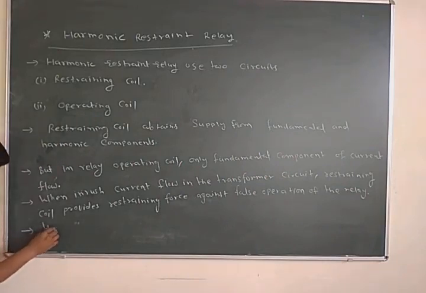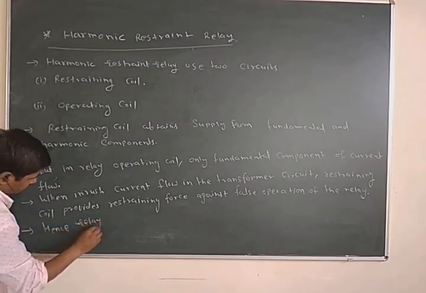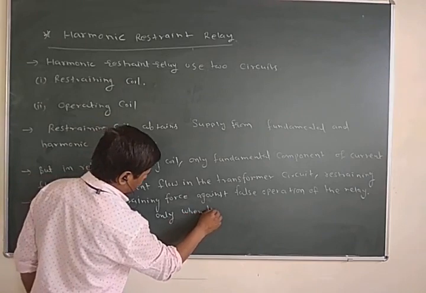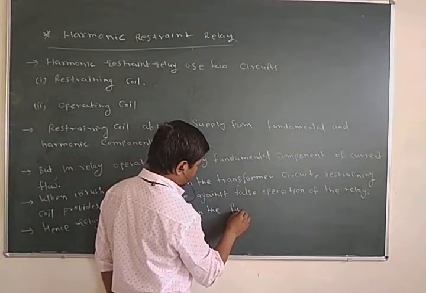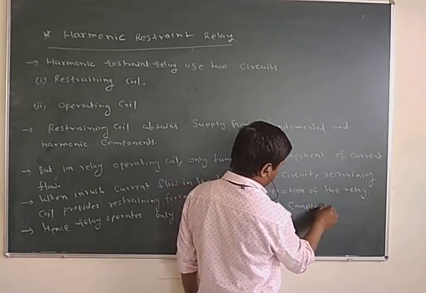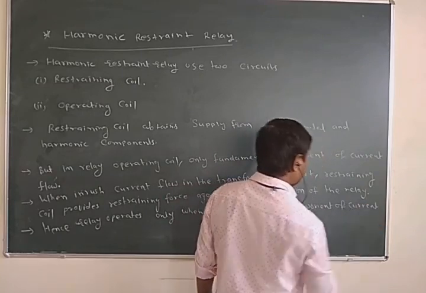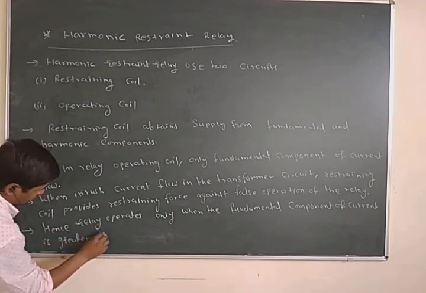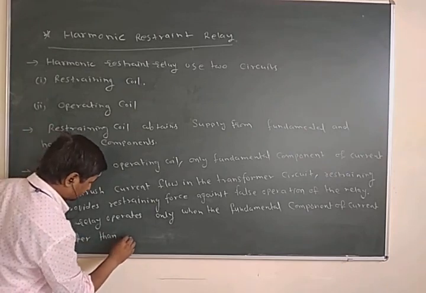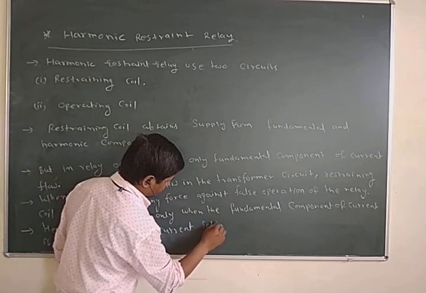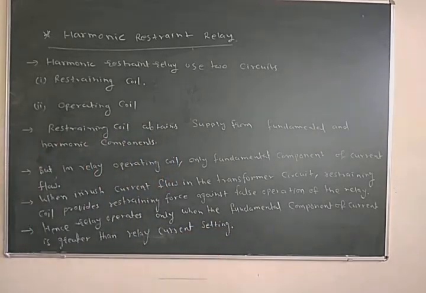Hence the relay operates only when the fundamental component of current is greater than the relay current setting, when the restraining coil does not provide any restraining force.